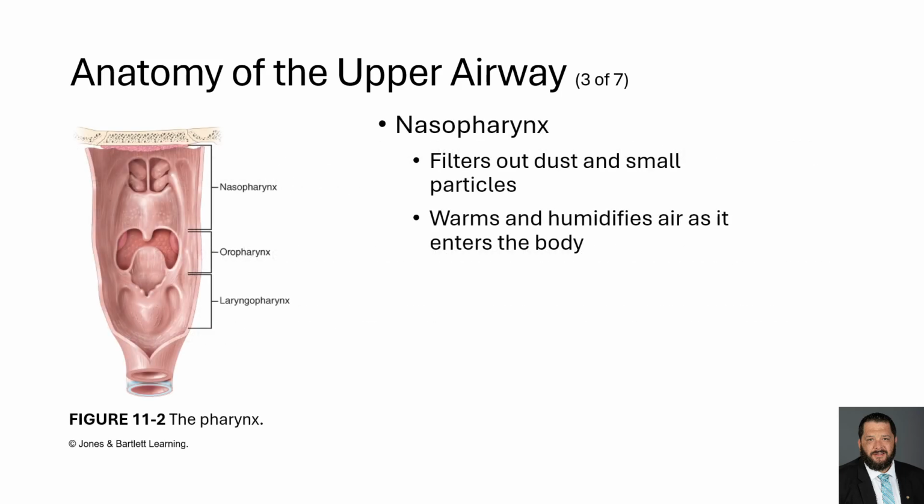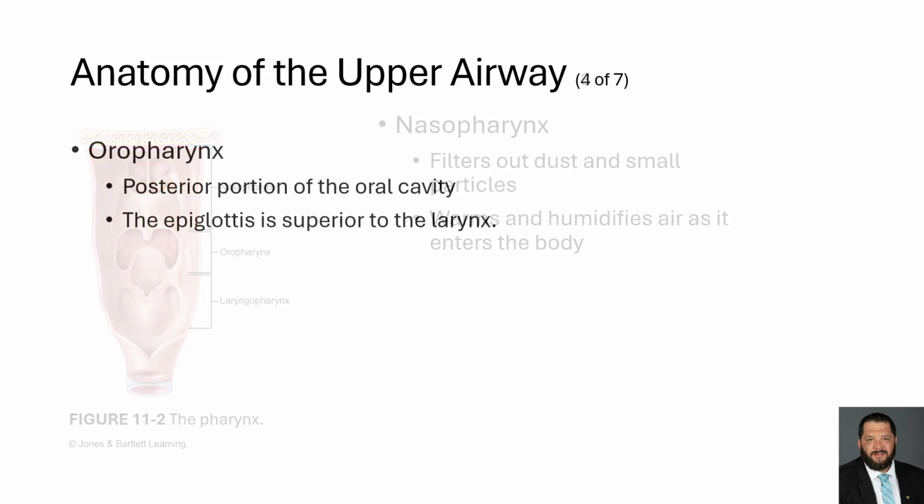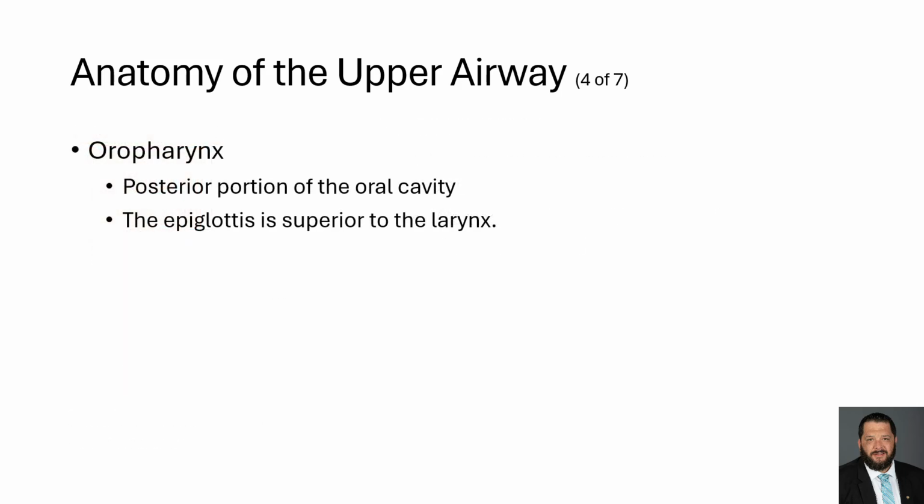Looking at a front view of the back of the pharynx, you can see where there is an opening for the nasopharynx, the oropharynx, and where that moves down into the laryngopharynx. This filters out dust and small particles, and it warms and humidifies the air as it enters the body. The oropharynx is at the posterior portion of the oral cavity, and the epiglottis is superior to the larynx.